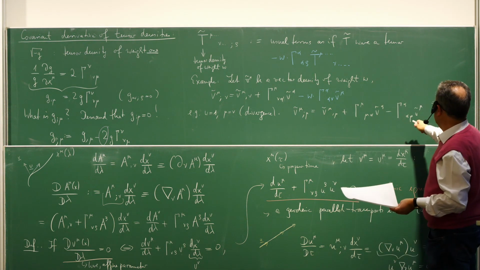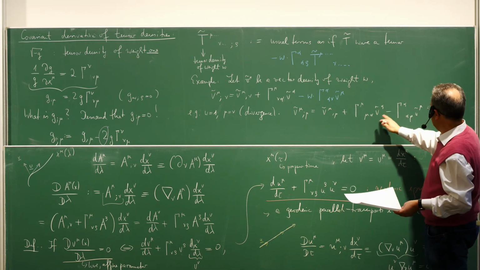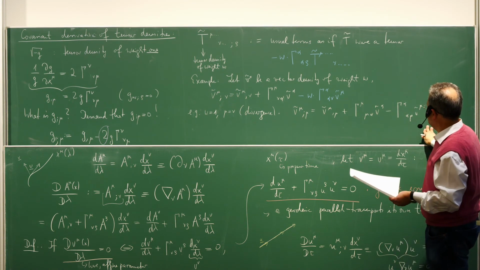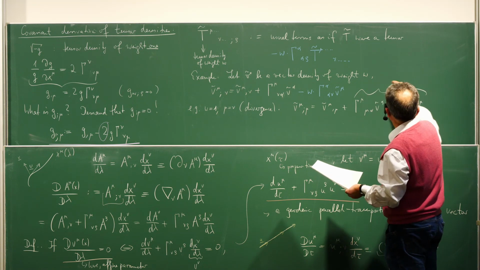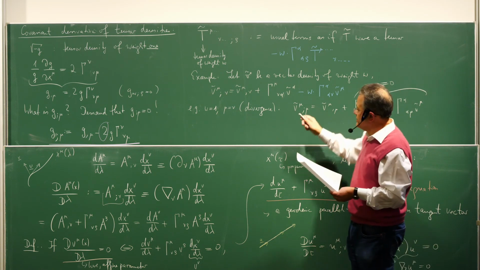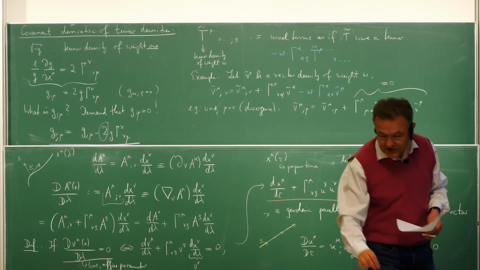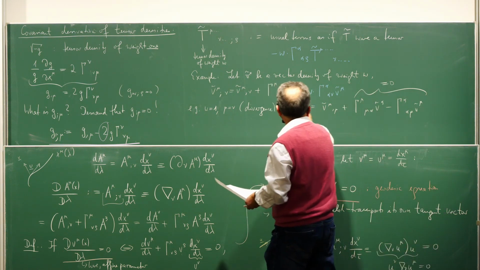And you see here, just by renaming the indices, replacing μ by α and α by μ, that this compensates, and this is 0. And you see here that the covariant divergence is the same as the ordinary one.